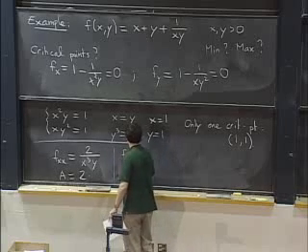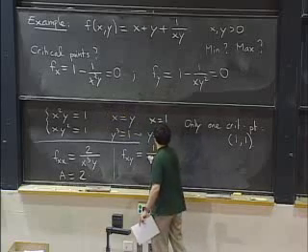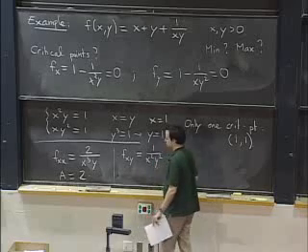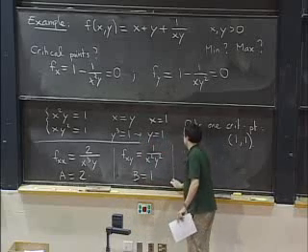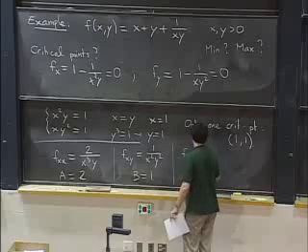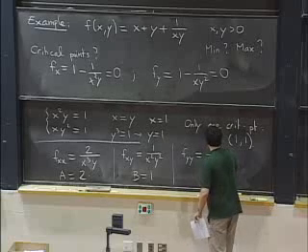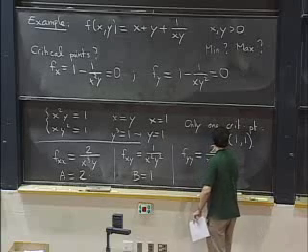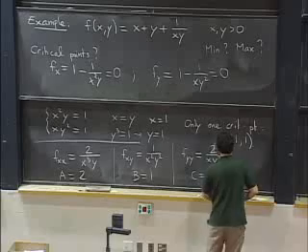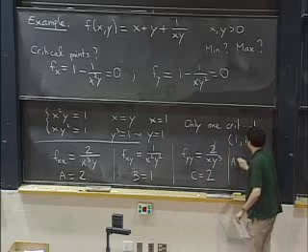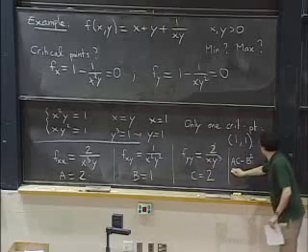F sub xy will be 1 over x squared y squared. So b will be 1. And f sub yy is going to be 2 over x y cubed. So c will be 2, and so that tells us, well, ac minus b squared is 4 minus 1.